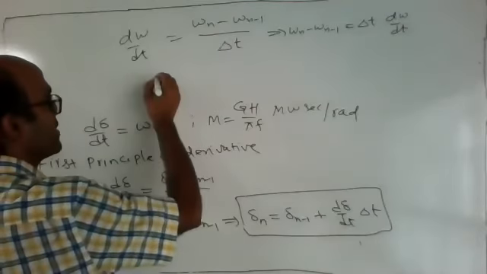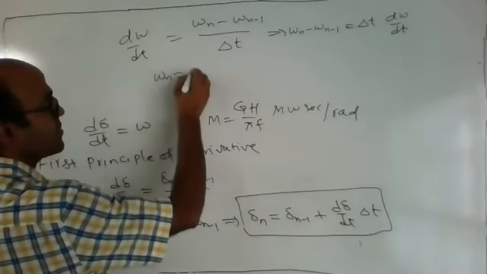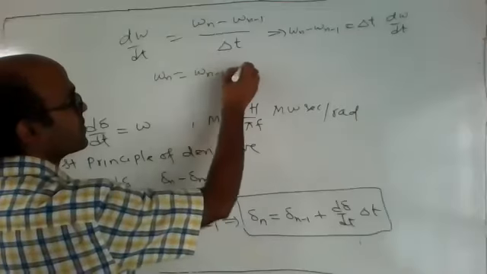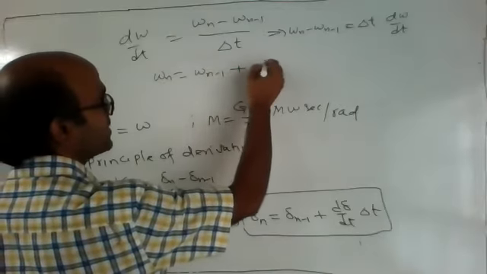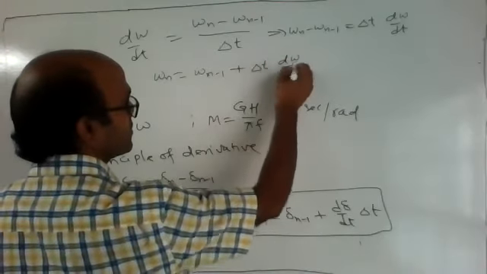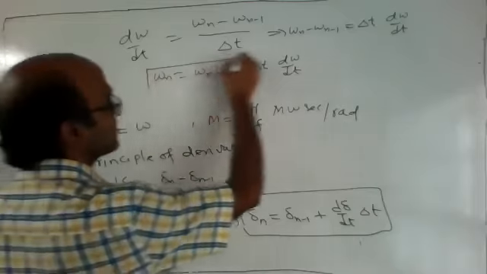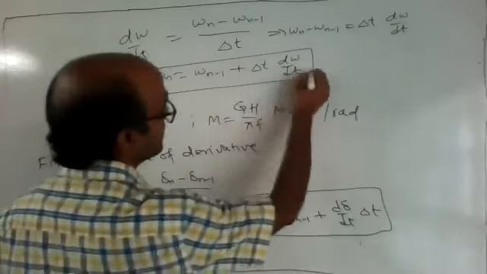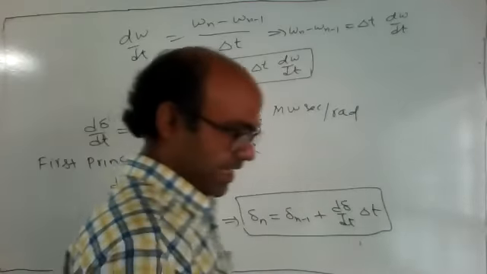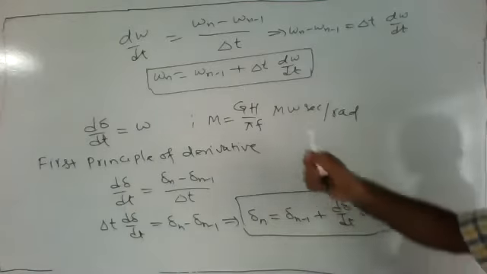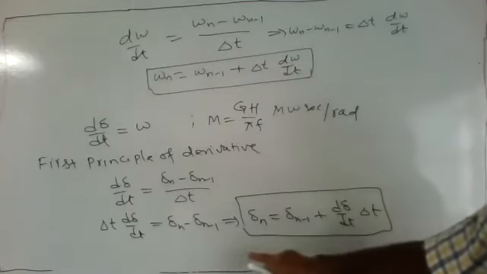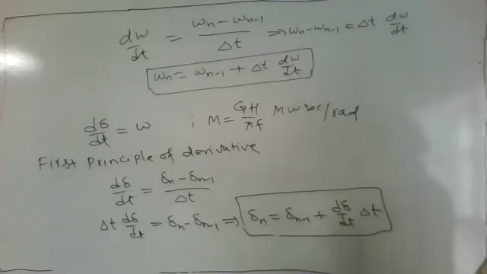So omega n is omega n minus 1 plus delta t d omega by dt. In that way you can compute. This is angular speed, and this is power angle or torque angle.